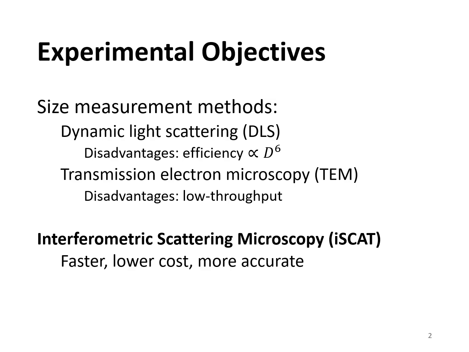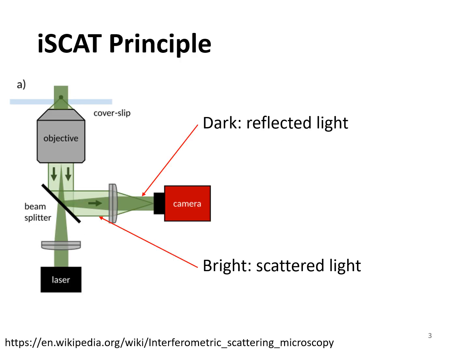Interferometric scattering microscopy (iSCAT) can meet this demand. The iSCAT technique utilizes a laser beam that is emitted in parallel to illuminate the sample. When the light passes through the glass interface, a parallel reflected light is generated.